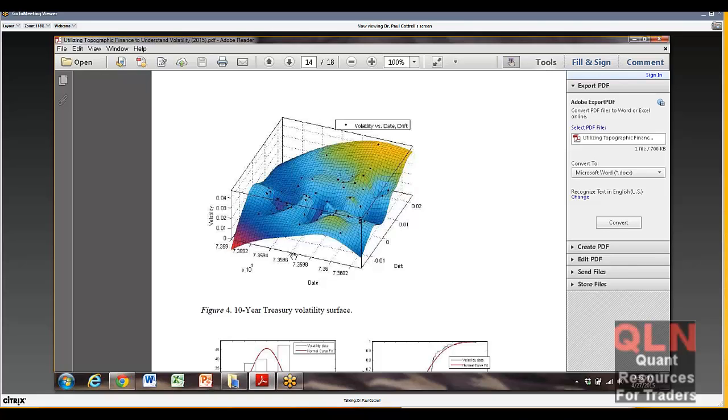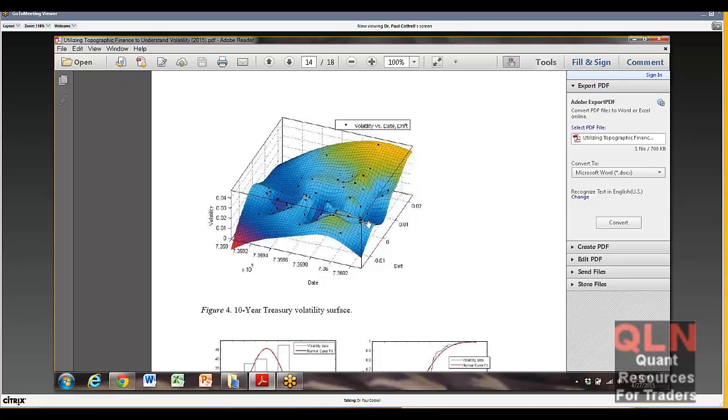What's interesting here is that the 10-year treasury is trending up. If you were to do a regression line here, the volatility is actually trending up. And this surface gives a little bit of credence to the idea that there's more volatility in the bond market, probably because of the exit strategy of the Federal Reserve. So this is kind of a qualitative hint at a higher future volatility overall in the bond market.